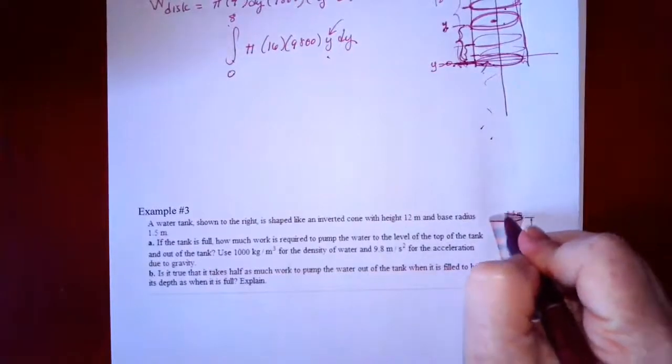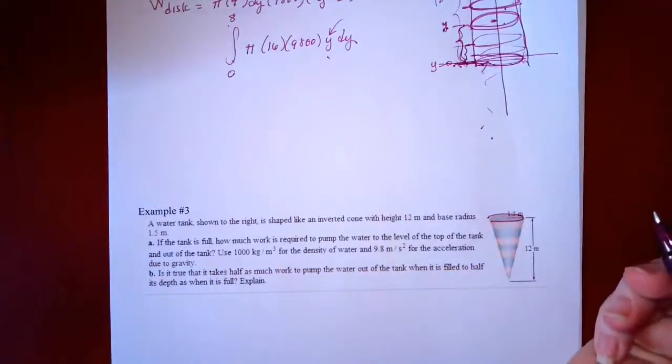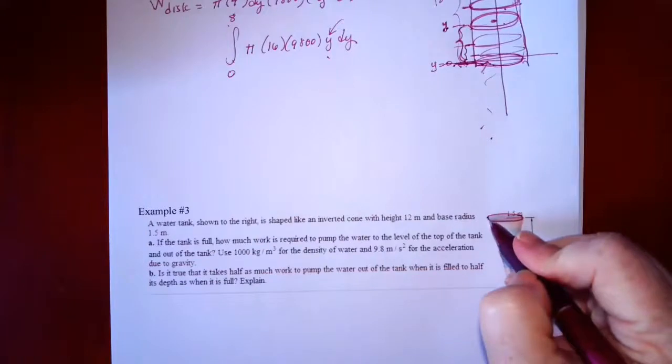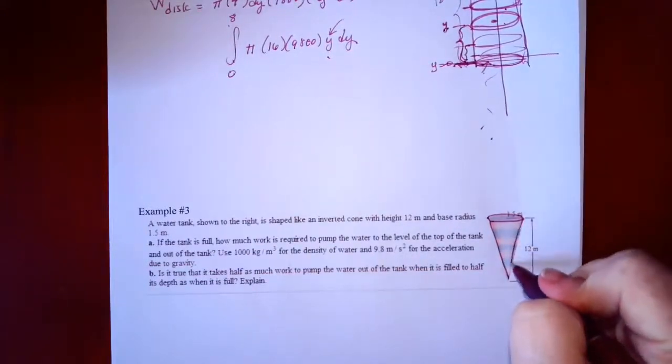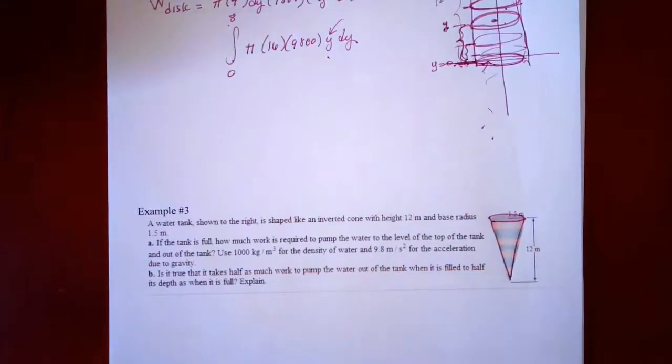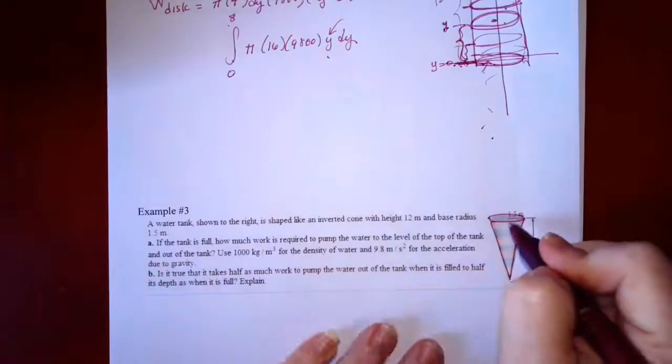So maybe we're talking about like those paper cups you get a lot of times at the doctor's office with those little water machines that they have sitting out sometimes. Okay, so what we have here is a water tank in the shape of an inverted cone with a height of 12 meters, so this one's way bigger than one we could put in the doctor's office, and a base radius of 1.5 meters.